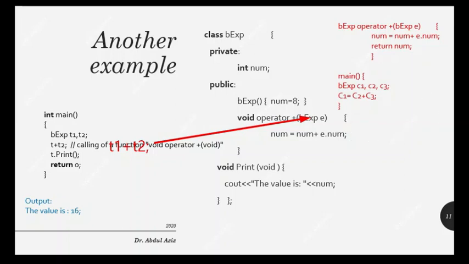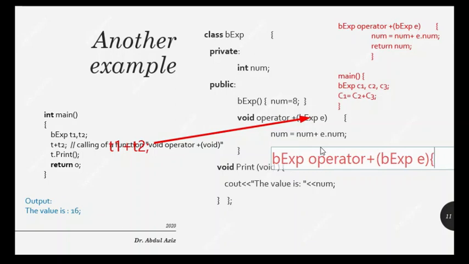So how am I going to write it? The code would be like: I'm going to return an object of type binary example, and this is my operator plus, and I'm going to accept a simple temporary variable e. And look, always remember, whenever you want to return an object from any operator, we always need to create a temporary object.